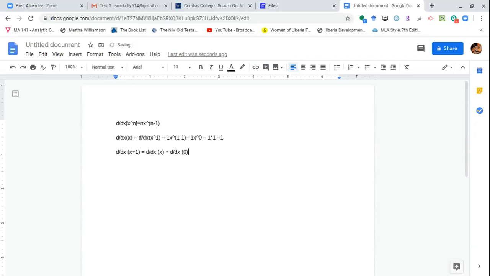Now, the derivative with respect to x of x, we did on the previous line right here. That's 1, right? The derivative with respect to x of a constant is 0, because there is no x. So that's just equal to 1. And the derivative of a constant is another property.